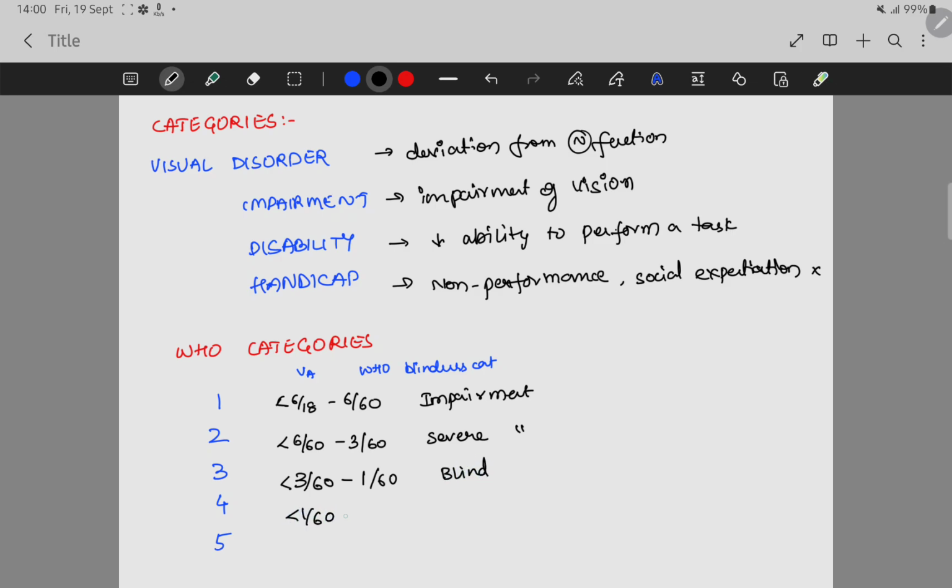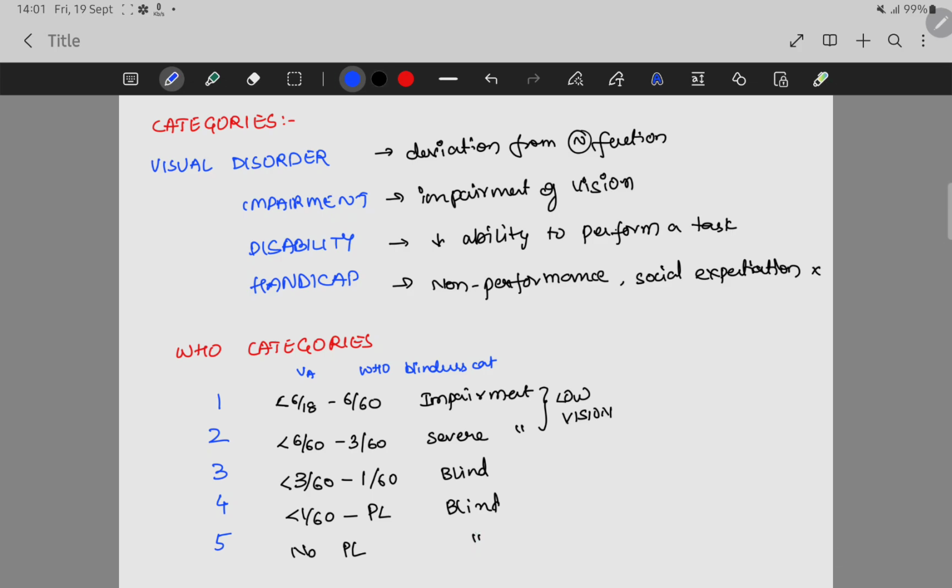Less than 1/60 to PL is also blindness, and no PL is also blindness. So these are the WHO categories. This impairment and severe impairment come under low vision, whereas these three come under blindness.